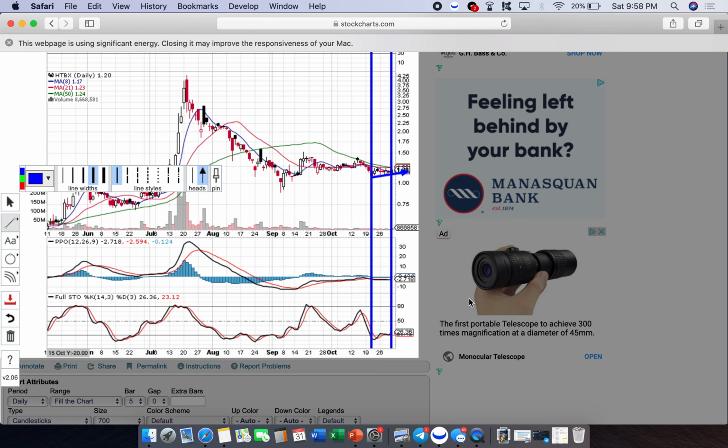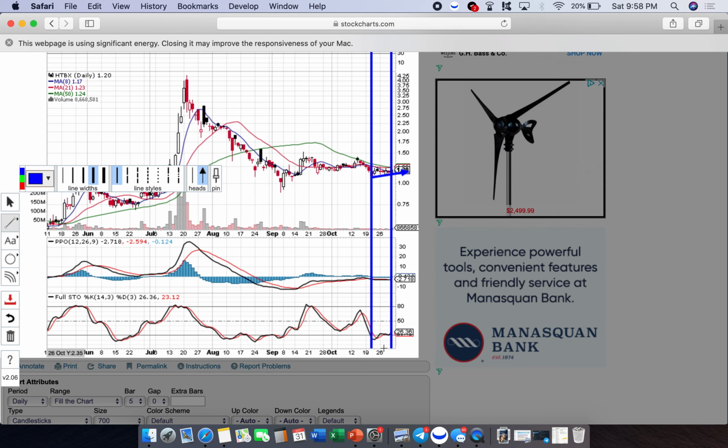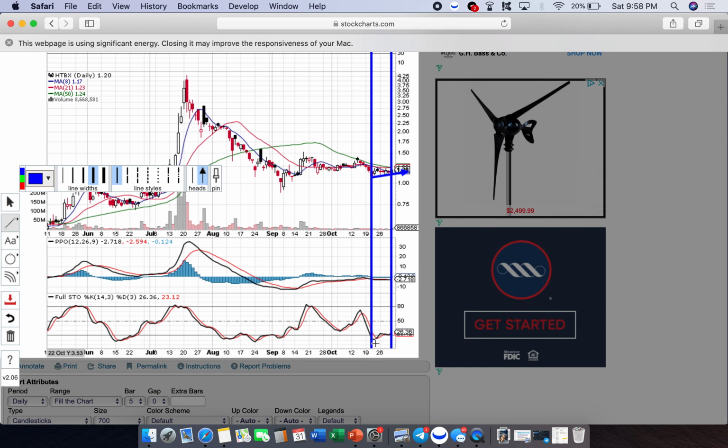The reason why I went away from the full stochastics is because this can show negative when it's actually positive, and positive when it's negative. It's not always true. So here you had a positive, then it showed negative, and then it went back positive.